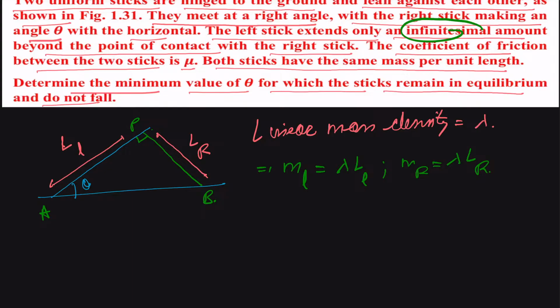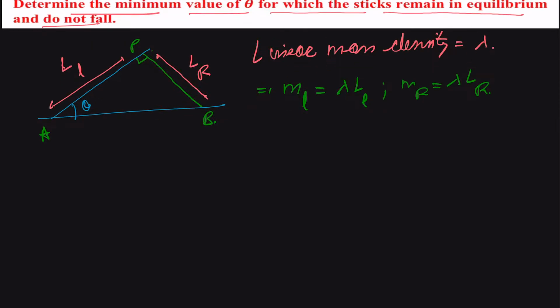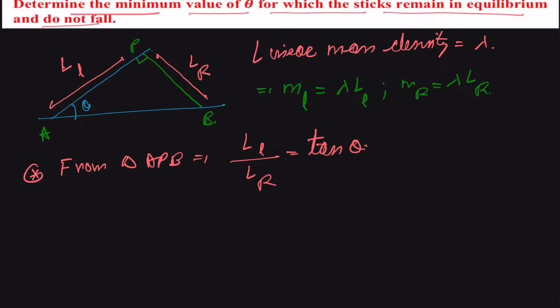From the figure, because this angle is 90, this is basically a right angle triangle, and therefore from triangle APB we can write that the length of the left over the length of the right will be equal to tangent of theta.